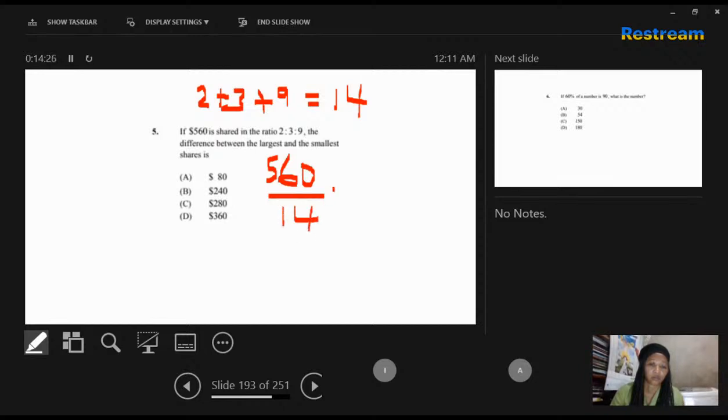Multiplied by the smallest one, which is 2. So you're multiplying that by 2. That gives 80.